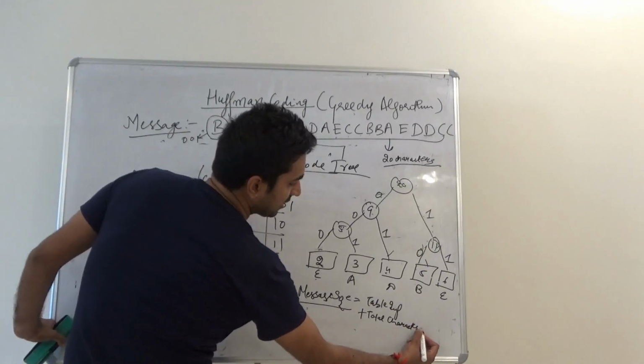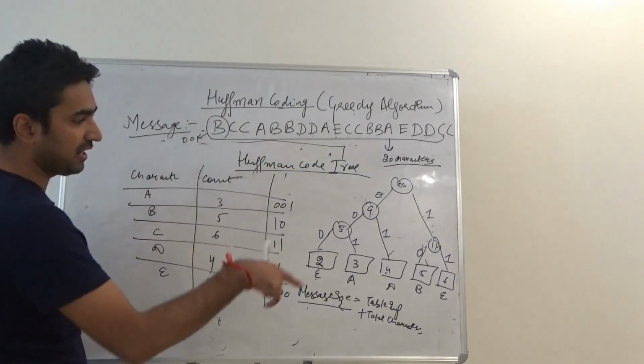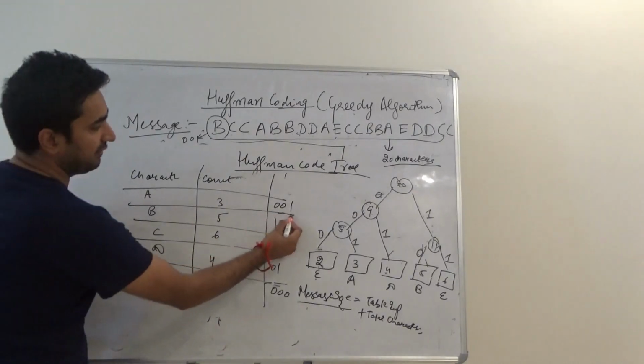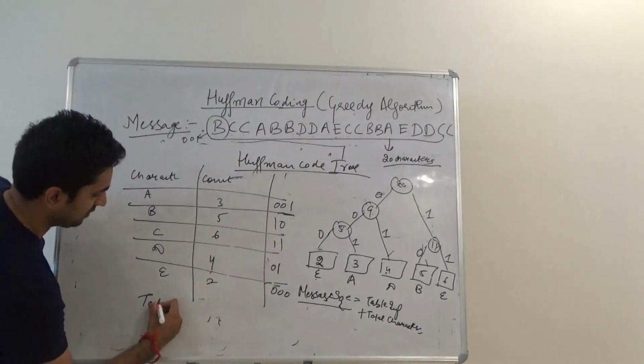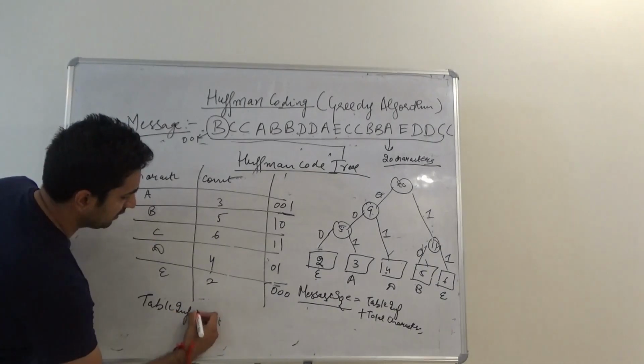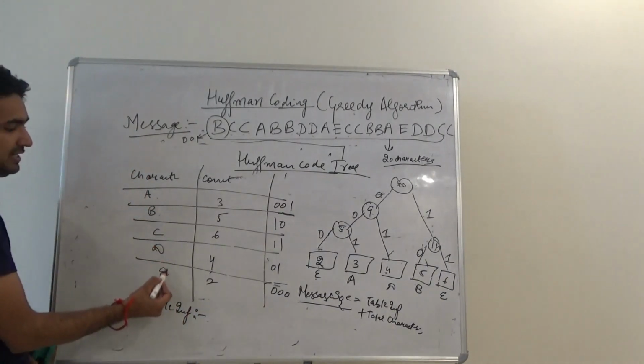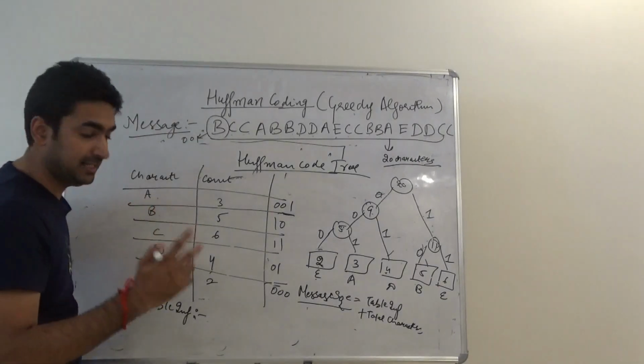Total characters that are there in this. And if I have to count this whole particular thing, total table information is calculated as every character A, B, C, D, E are of 8 bits each.